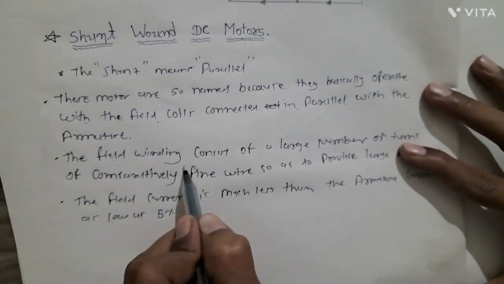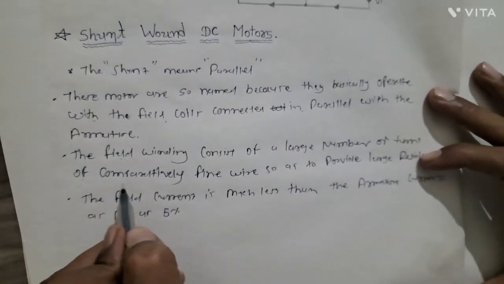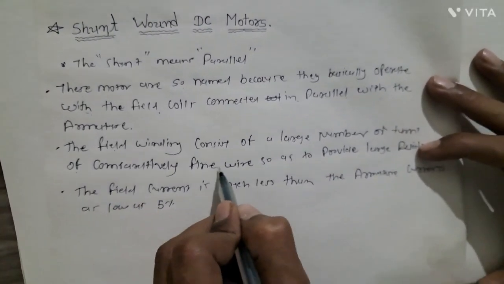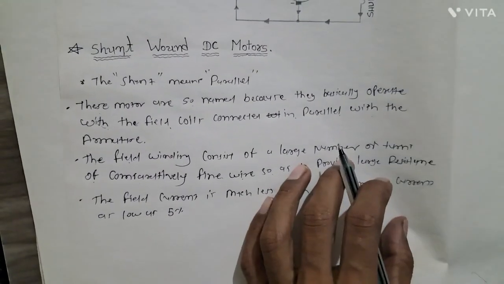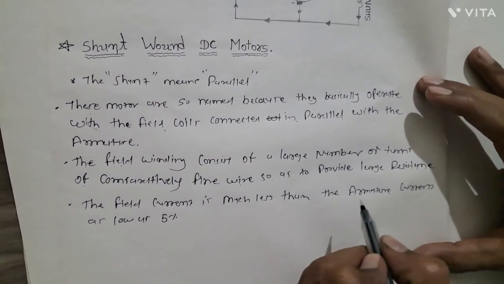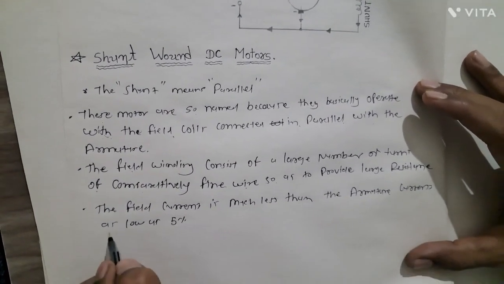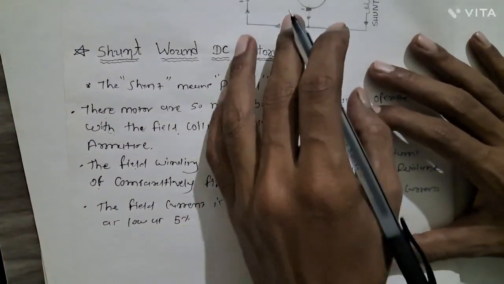The field winding consists of a large number of turns of comparatively fine wire so as to provide large resistance. The field current is much less than the armature current, as low as 5%. And this is the figure.